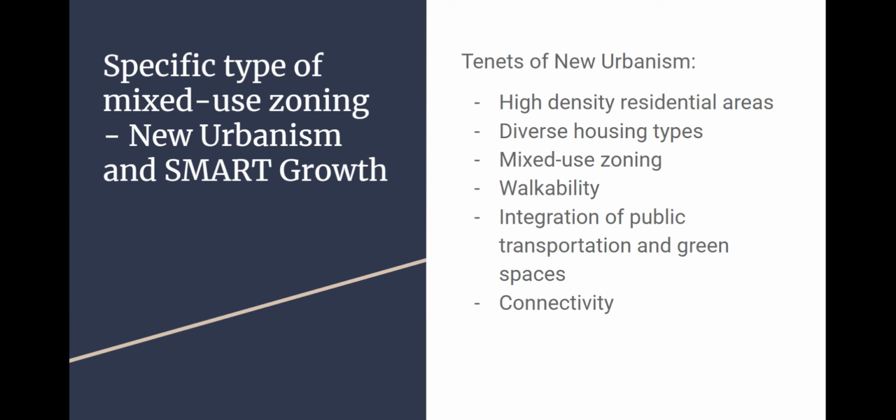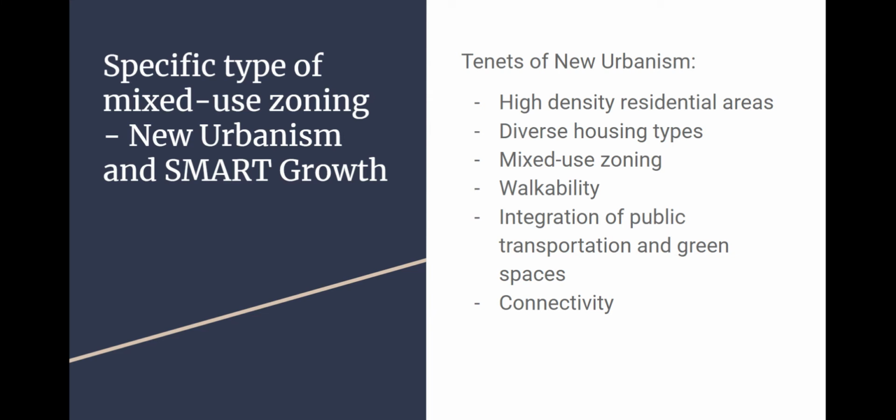So tenets of new urbanism, and really also smart growth, are building at higher densities than other previously zoned parts of the city. Having a lot of diverse housing types, things like apartments and condos and single family houses and townhomes, all different tools in the arsenal.